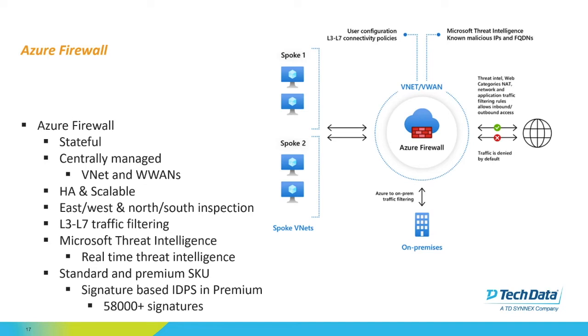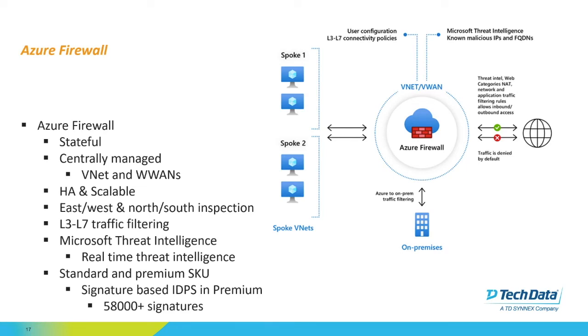You also have the possibility to utilize Microsoft Threat Intelligence, meaning that you can either report or act on threat intelligence coming from Microsoft's whole network and block that. Let's say there is an ongoing attack against various different systems in that region, it can pick it up and simply block those if you let it do so. It is centrally managed, so let's say you have a bunch of firewalls in different VNets, vWANs, and different regions. You can manage those from a single pane of glass.